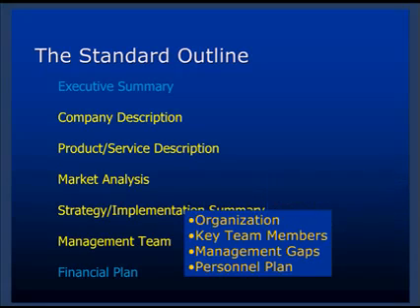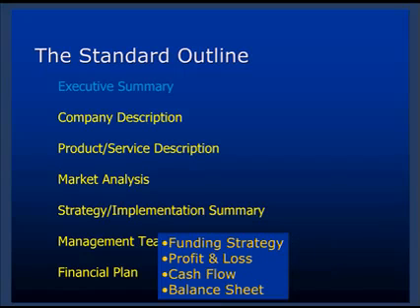Your management team chapter explains your organization strategy, your key team members, what gaps you might have in the business, which presumably you're trying to fill, and your personnel plan with projected numbers for personnel costs for the time of your plan. The financial plan will have funding strategy, profit and loss, cash flow, and balance sheet at a minimum.